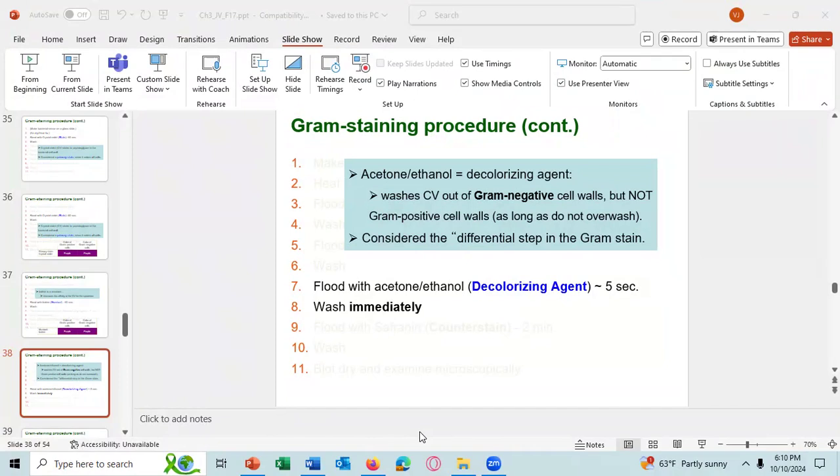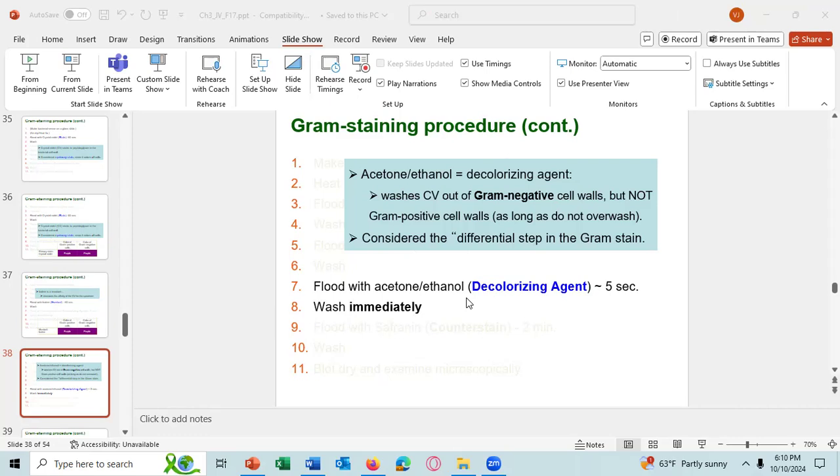And that's why we apply it for only about 5 seconds, and then you wash immediately to remove the decolorizing agent from the cells. If you do not do that, you will get the decolorizing agent removing the crystal violet gram iodine complex from the gram-positive cells, and you don't want that to happen.